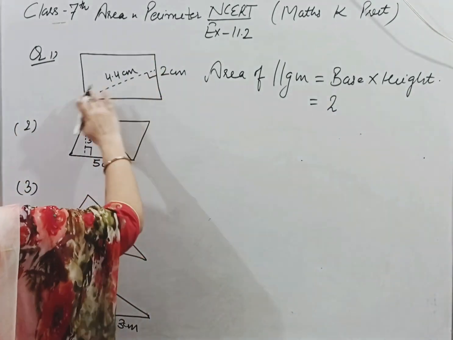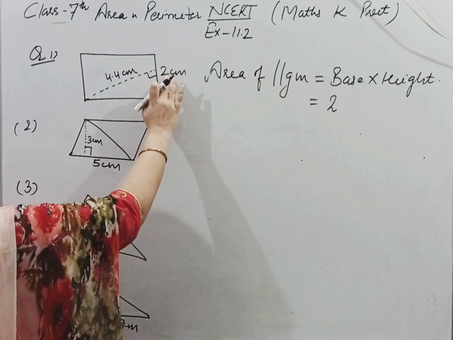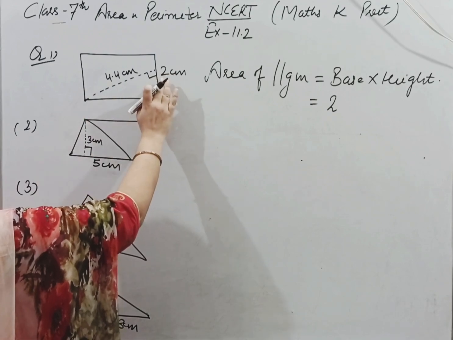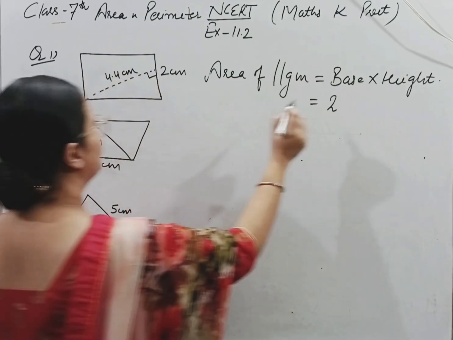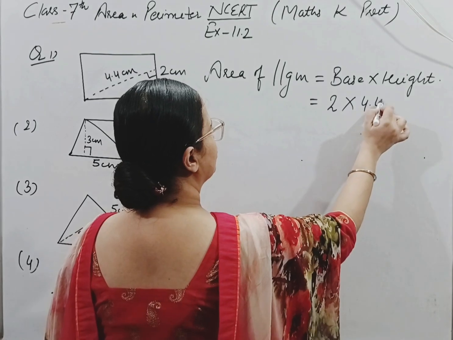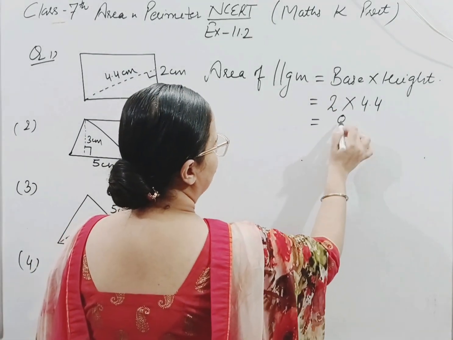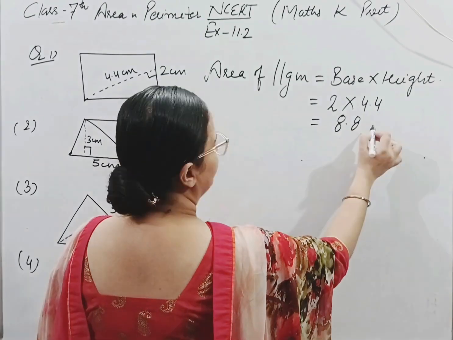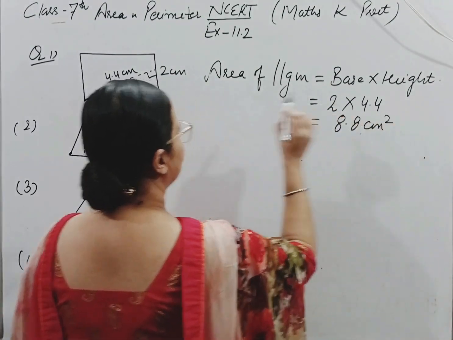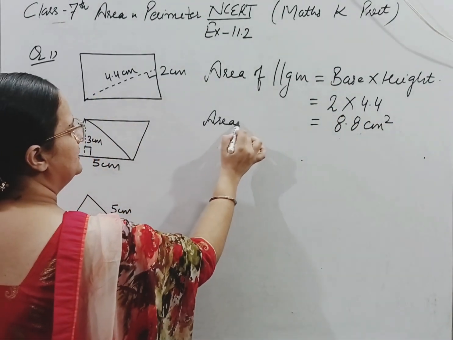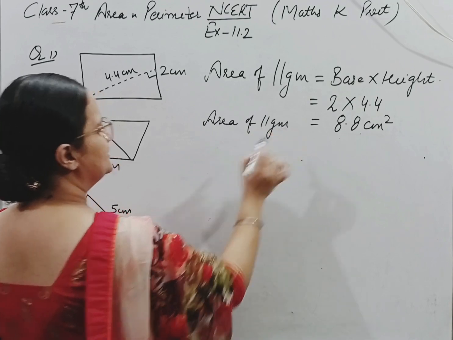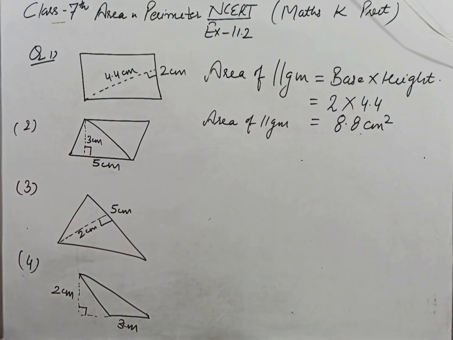Base is 2 centimeter and the height falling on this base, or height from the opposite vertex to this base, is 4.4 centimeter. So we can multiply these two figures to get our answer, which is 8.8. Unit is centimeter, so the area will be in centimeter square. So this is the solution for question number 1.